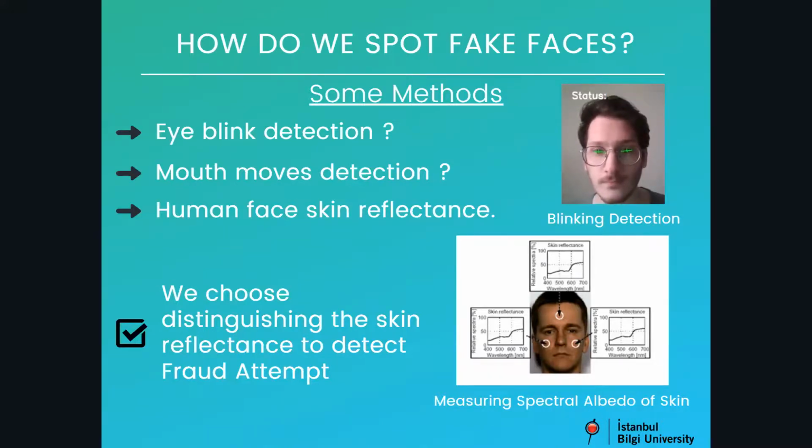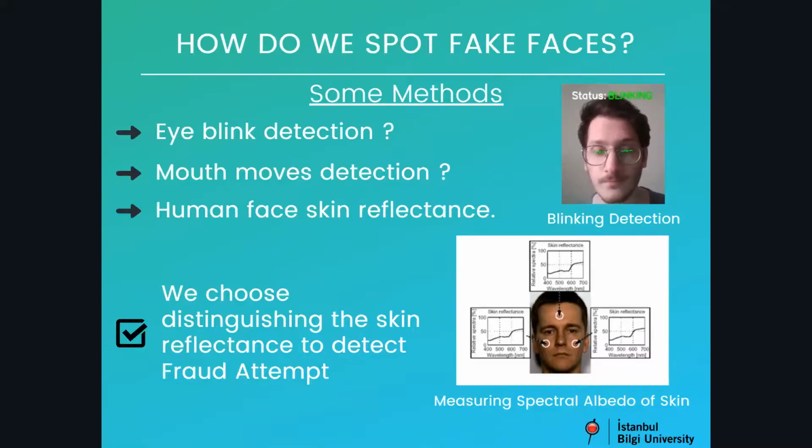In the literature, there are some methods to spot fake faces. For example, eye blink control method, mouth movement control, human face skin reflectance control. We choose distinguishing the skin reflectance to detect fraud attempts. Reflectance is the ratio of any object to reflect electromagnetic radiation.